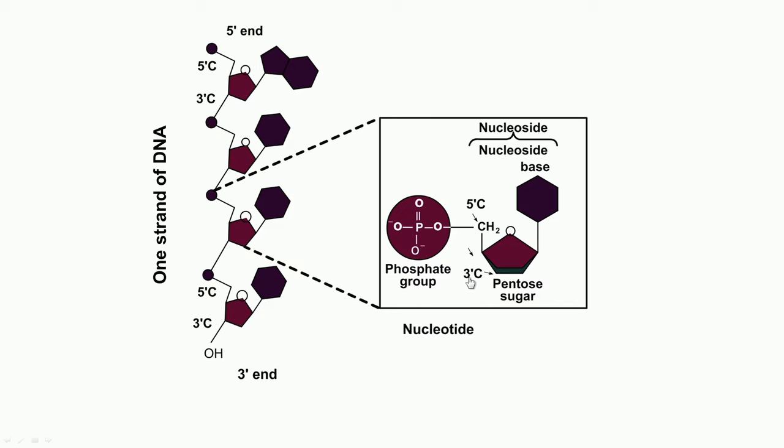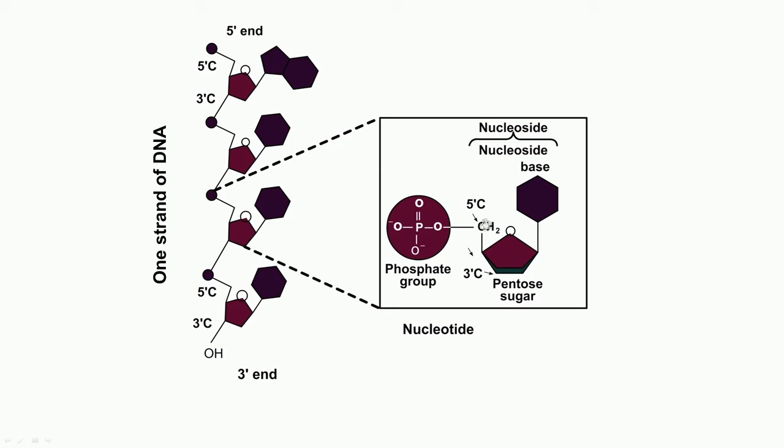So, this is called the 3 prime position, this is called the 5 prime position of the carbon atom, and to the first position of this 5 carbon sugar, you have what is called a nitrogenous base attached to it. The combination of the base and the pentose sugar is actually called a nucleoside. To a nucleoside, if you add a phosphate group, it becomes a nucleotide.